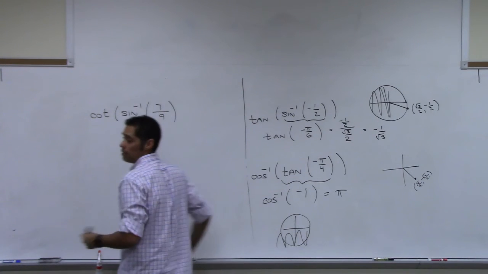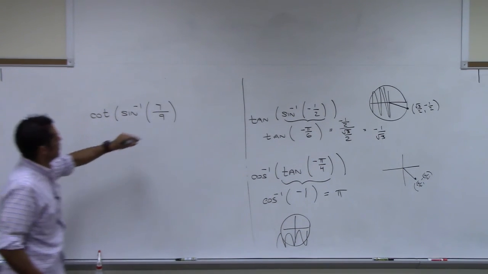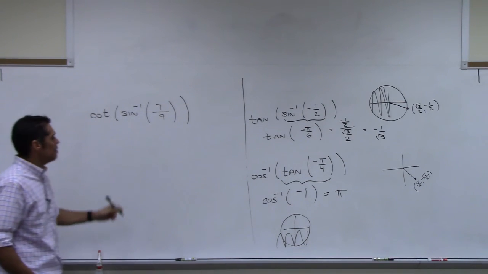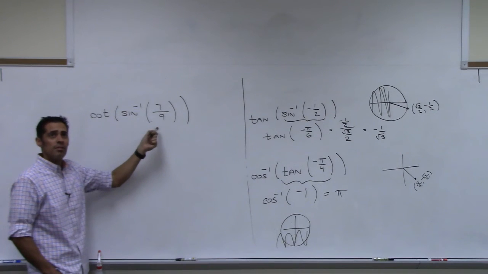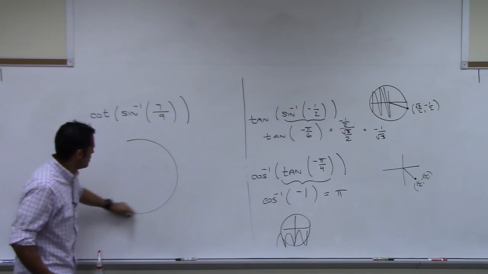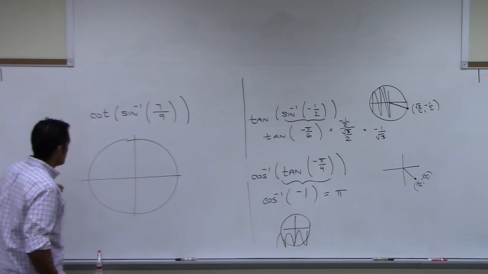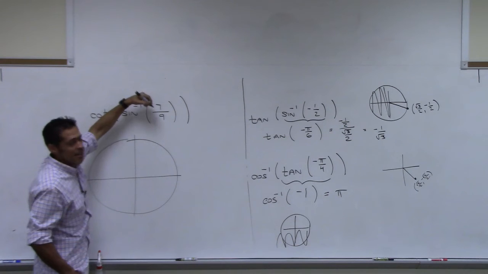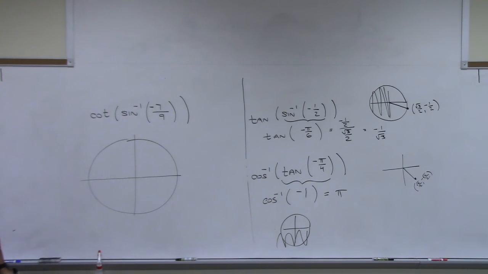With no calculator. That's not a common value, is it? You're saying where on your unit circle is your y-coordinate 7/9? You know what? Let's make it negative, just for fun. Let's make it negative. So where is your y-coordinate negative 7/9?